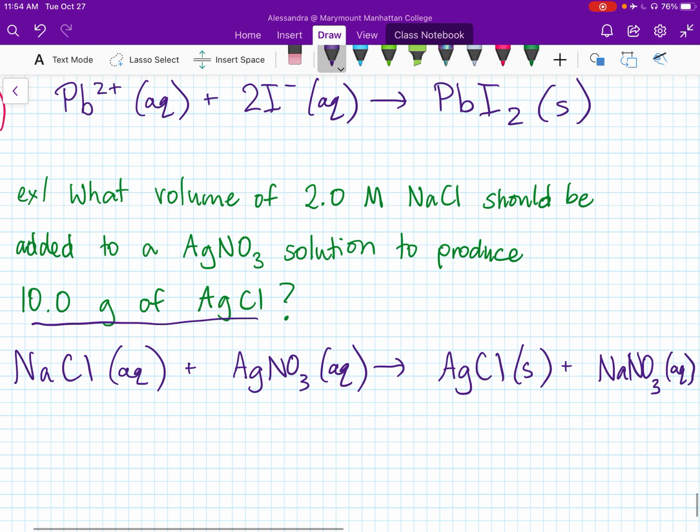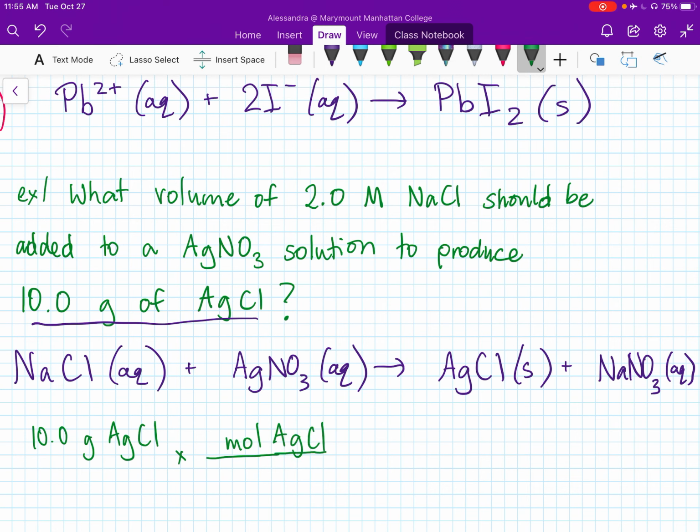Now, once I have the balanced chemical equation, then I'm ready to do the stoichiometry calculation. So I want to make 10 grams of silver chloride. Let's convert that into moles, and that should give me a good starting point to figure out the rest of this problem. So 10 grams of silver chloride, I'm going to convert that into moles by using the reciprocal of its molecular weight.